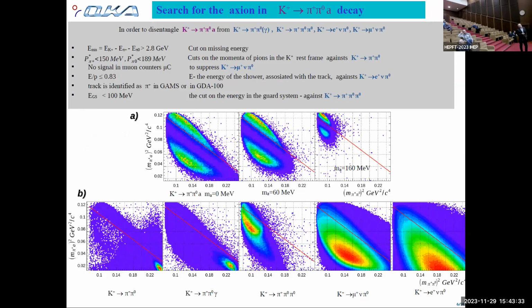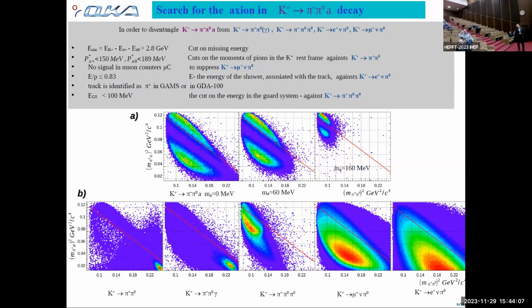Okay, there is quite a lot of backgrounds for this decay. Here they are listed, and we should have extra cuts which kill these backgrounds. So, for example, to kill K-mu-3 decay, you should veto muons by requiring no signal in muon counter. So Ke3 is killed by using E over P cut.